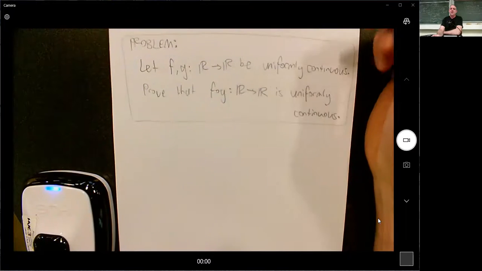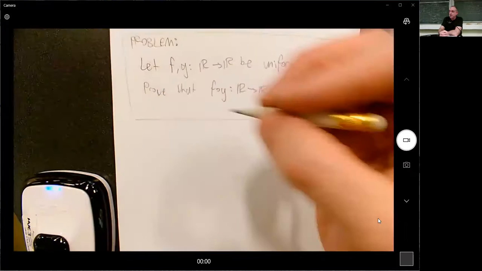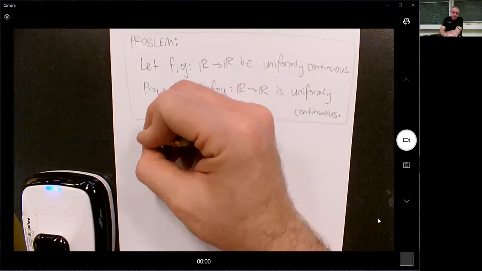If I'm right, the definition of continuous is being continuous at every point separately. So this is where we're just going to think about the meanings of these words before we actually do the problem.